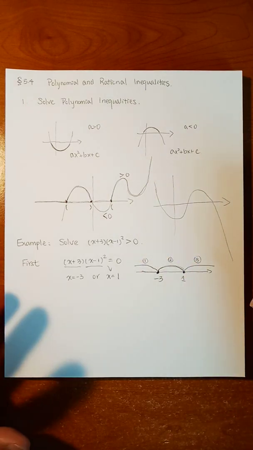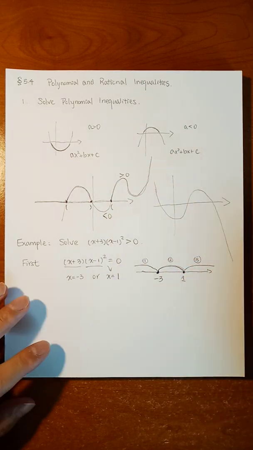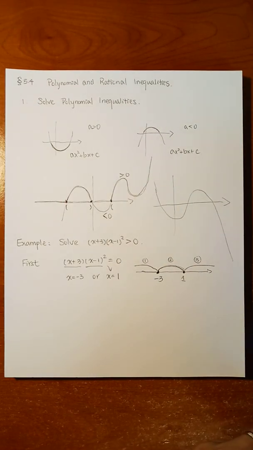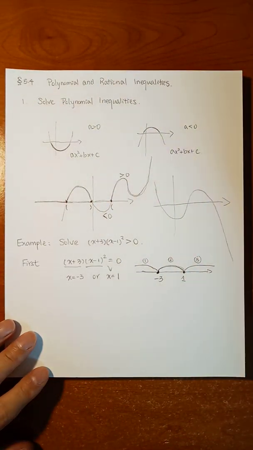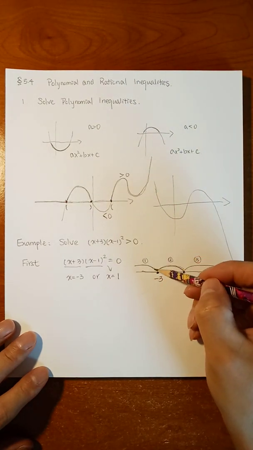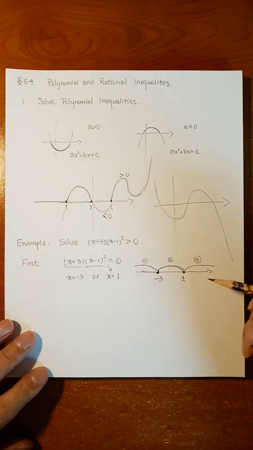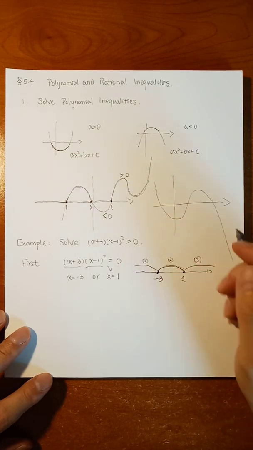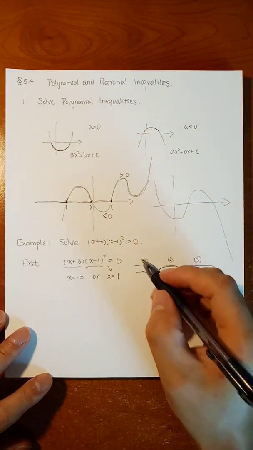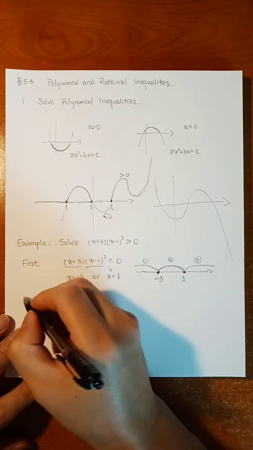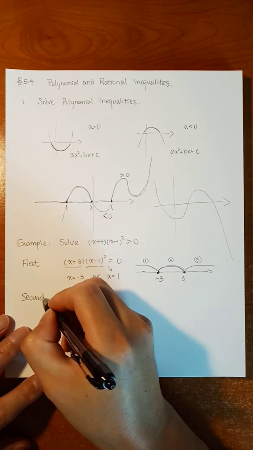I have no idea. So how do I know whether the graph is this way or the other way? Well, to determine that, we are going to use a test point. First we do this, and second, test point.